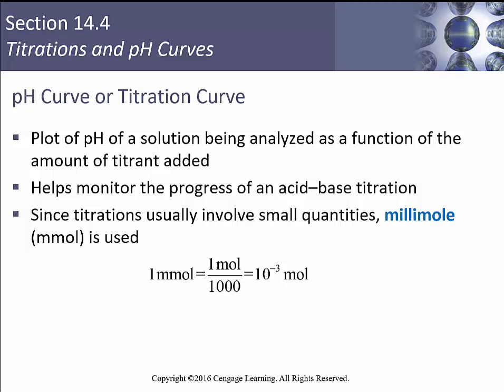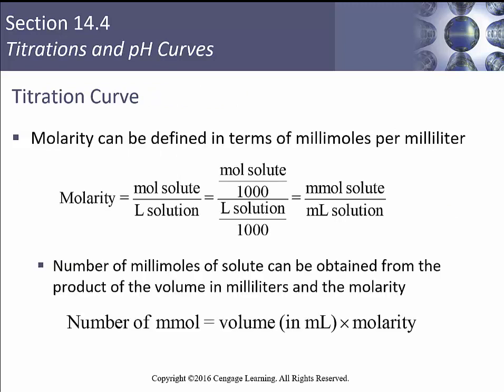You're going to use milliliter-type volumes. And so 1 millimole per milliliter has the same concentration as 1 mole per 1 liter. All you're doing is dividing the numerator by 1,000 and dividing the denominator by 1,000, and so those thousands will cancel each other out. The molarity can be defined in terms of millimoles per milliliter.